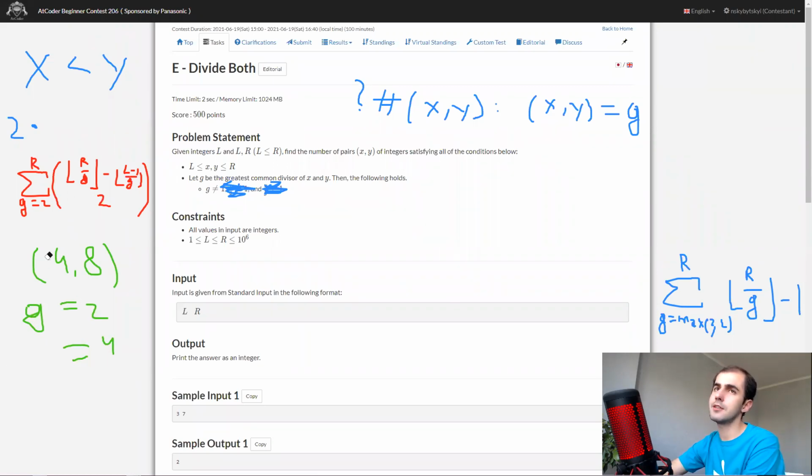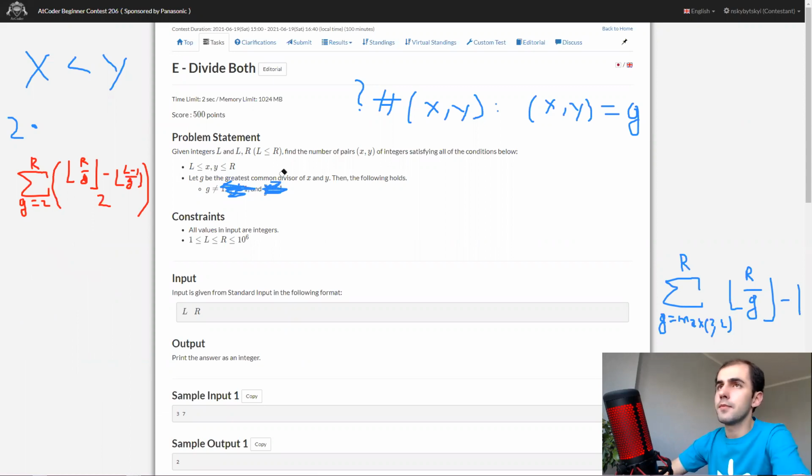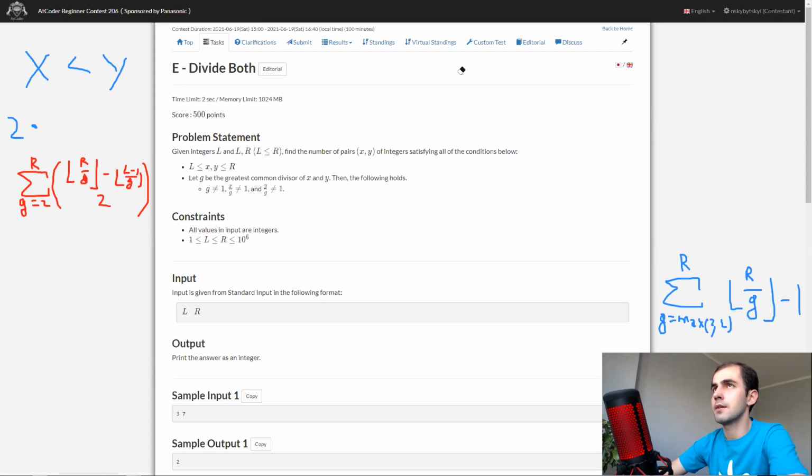We would like to count it only once, and here we'll need to get into some number theory to answer the question of how many times we actually count this number and how we account for that. We'll use some sort of inclusion-exclusion here, with the idea of counting everything exactly one time. All right.